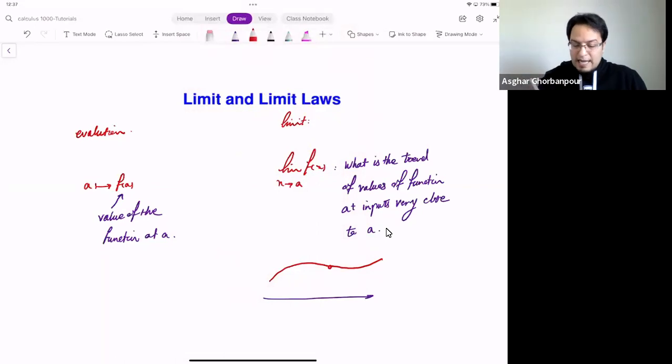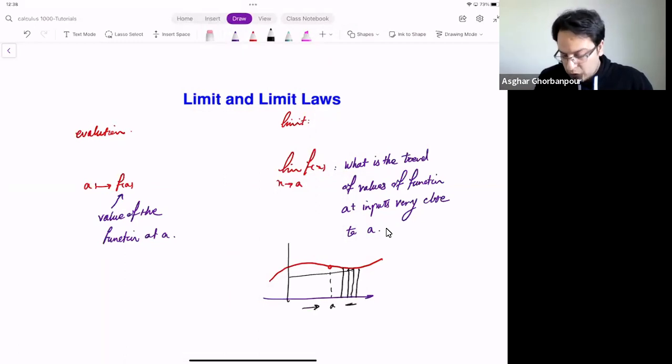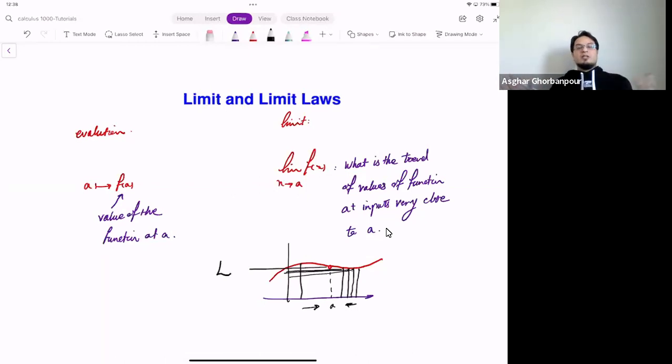What happens is that we go around this point and we study the values of function when we get closer to a, from both sides. And then we see that as we get closer to a, the values of function get to something. That something, if there is such a thing, is called limit of the function f at a.